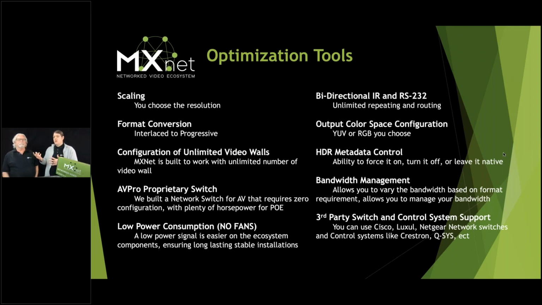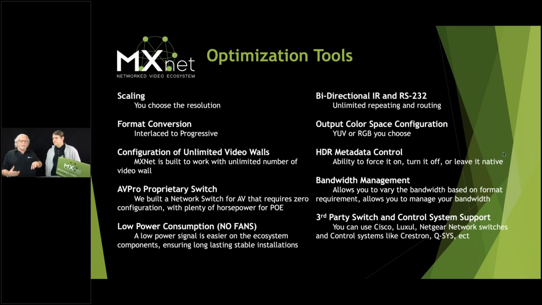Now, John, can you kind of give us a little breakdown of how this works? I know you were telling me with 1080p, it can still manage the HDR. Kind of tell the integrators how that is a benefit. Right, yeah, well, a lot of these configuration tools that we're listing here are in MXNet Mentor. They're in the Mentor software already, and a lot of it's checkboxes. For metadata control, I have the ability just to take a 4K HDR signal, and I can say, you know what, I want it to be 1080p.